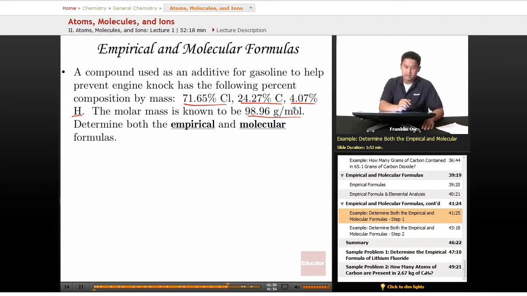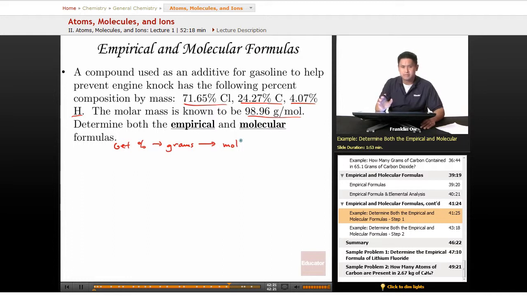All right, the very first step is to get your percentages into grams. After we get everything into grams, then we can go to our central unit from the chapter, which is moles. Again, whenever you're in doubt, get the moles. The nice thing about percentages is that percentages always mean out of 100.